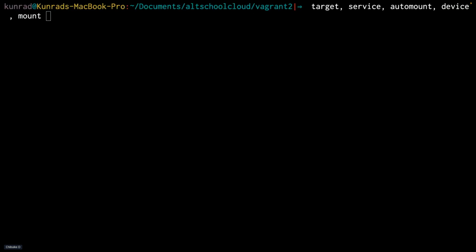No. These are the units. At the target unit, you're pointing a service to a particular target. The service unit is what manages the entire unit phase. You have the automount unit where you automatically mount the service at the point of startup.